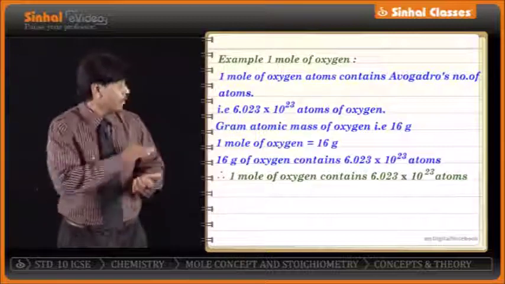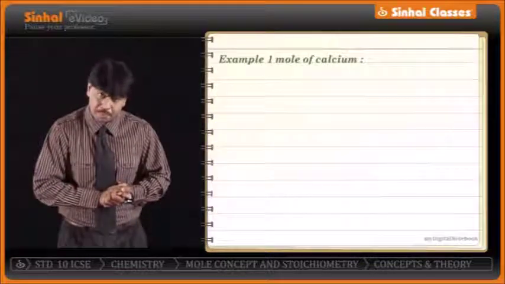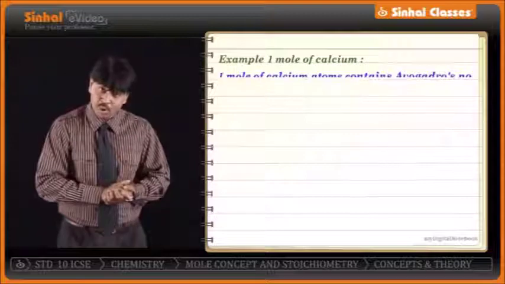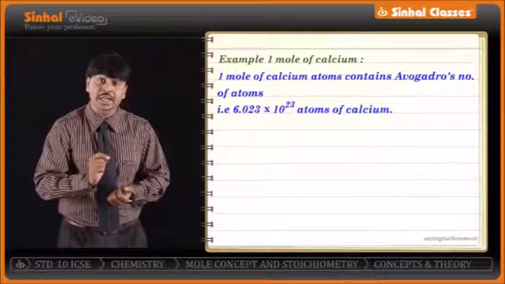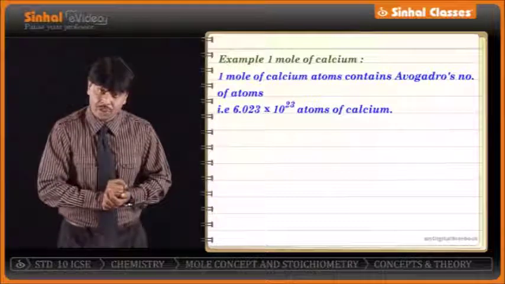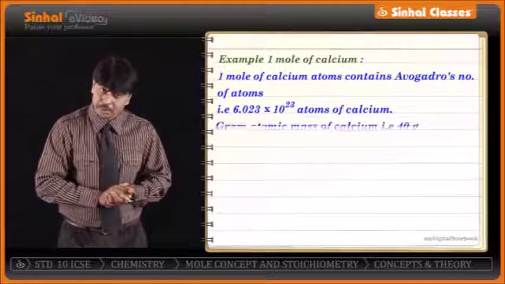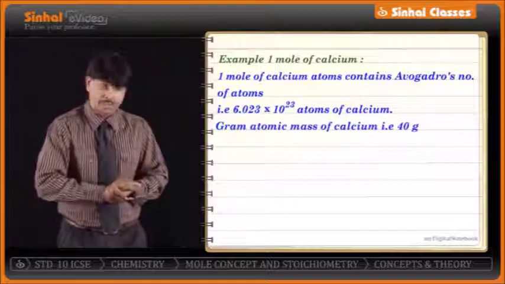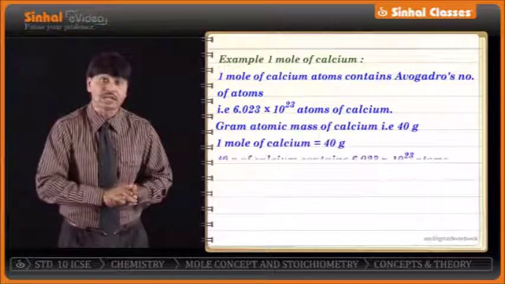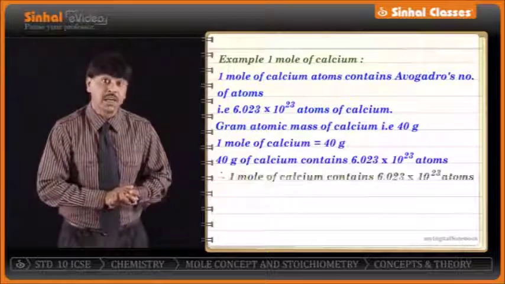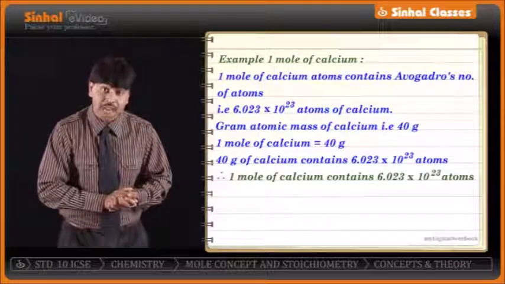In a similar manner, 1 mole of calcium is equivalent to 6.023 × 10^23 atoms of calcium. The gram atomic mass of calcium is 40 grams. That means 40 grams is equivalent to 1 mole, which is equivalent to 6.023 × 10^23 atoms of calcium.